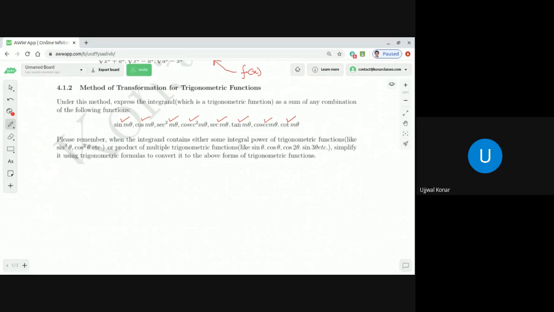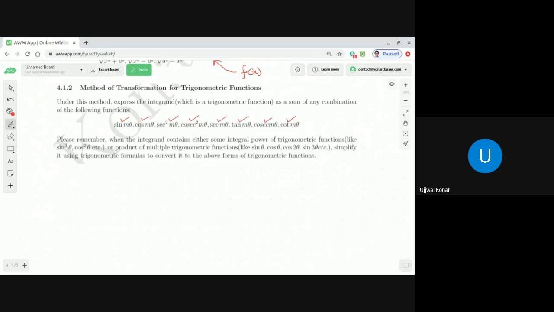Please remember, when the integrand contains either some integral power of trigonometric functions like sine cube theta, cos square theta, etc., or a product of multiple trigonometric functions like sine theta into cos theta, cos 2 theta, sine 3 theta, etc., simplify it using the trigonometric formulas to convert it to the above forms. We will see examples later, but let me first give you the guidelines.